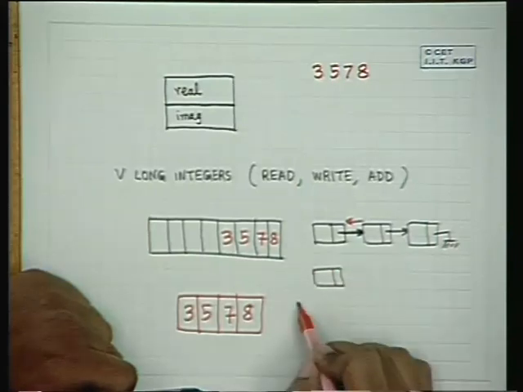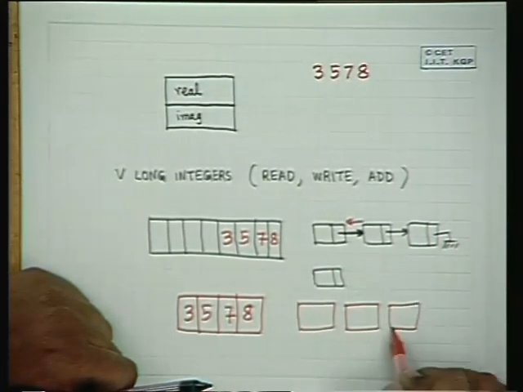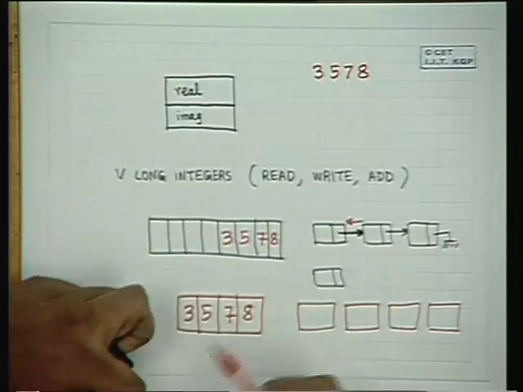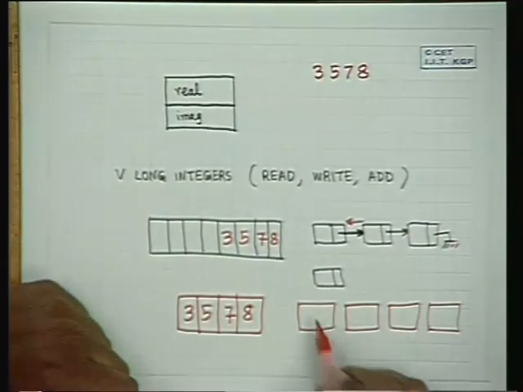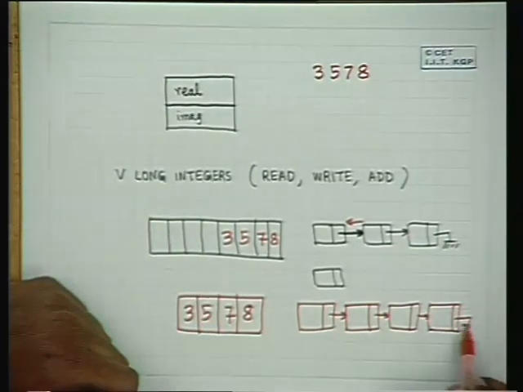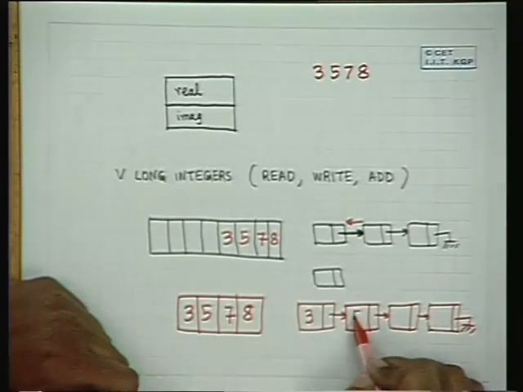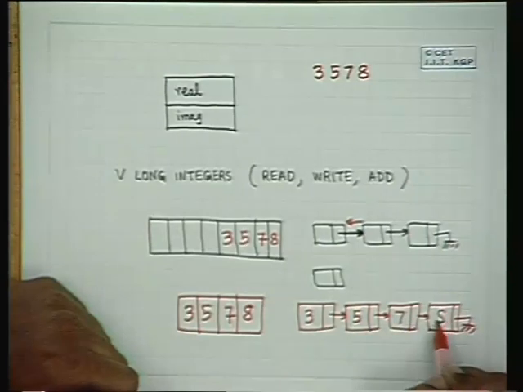In a linked list, you would have declared 4 elements, and how would you have stored it? Suppose you defined a linked list like this. Would you store it like this, 3, 5, 7, 8?